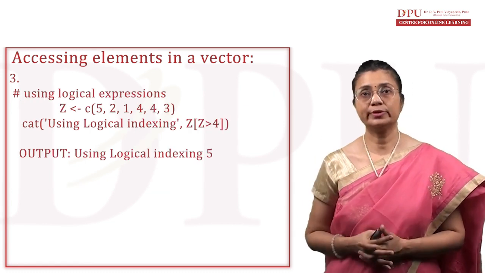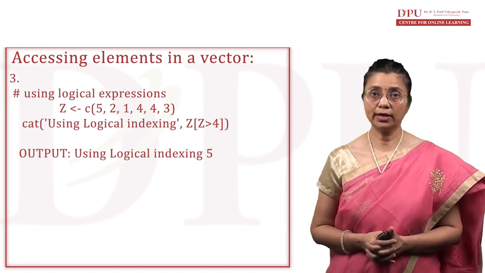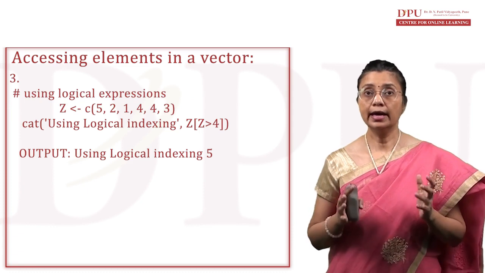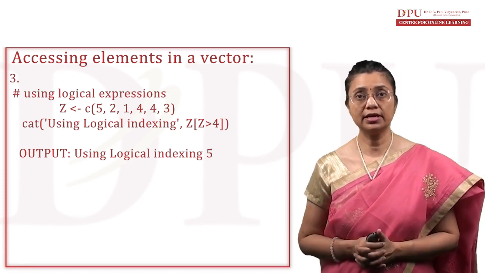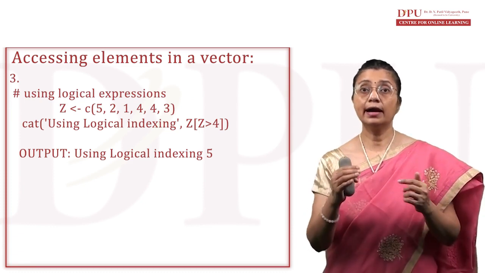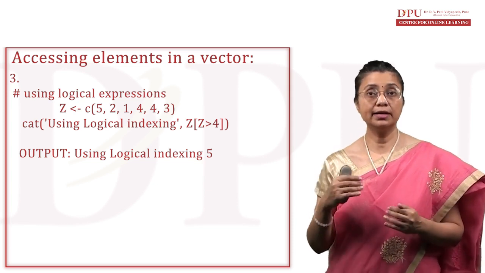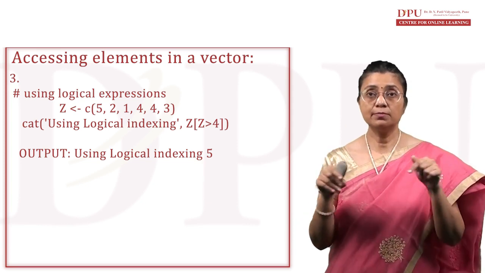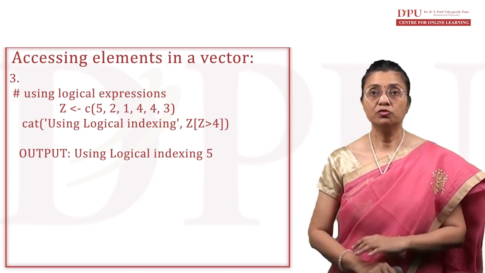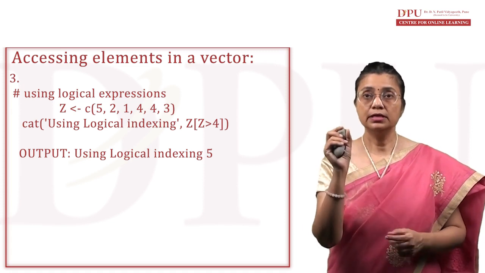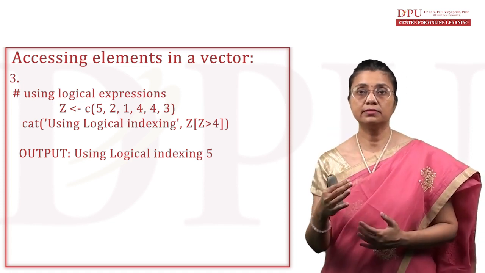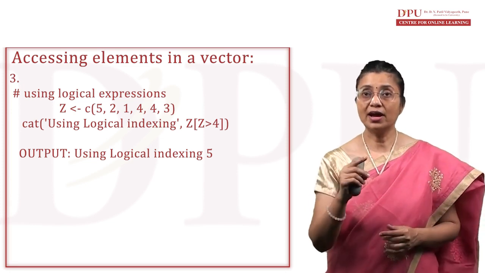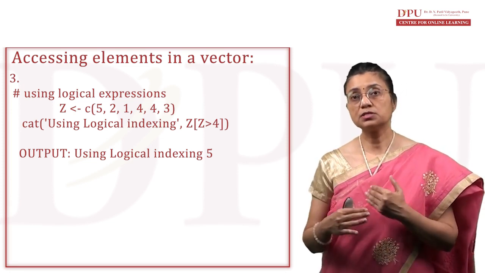Likewise, logical expression. In the logical expression, I have a vector which I have created with the help of the c function, and this is assigned to z, which is my variable. When I'm printing on the screen using logical indexing, I write z, and within brackets z is greater than 4, which means whichever element is greater than 4 will be displayed in the output. You can see that in the vector there is 5, and 5 is greater than 4, so the output is 5.